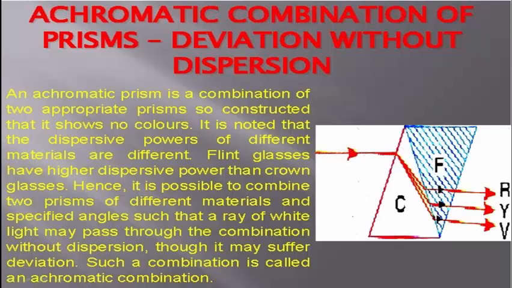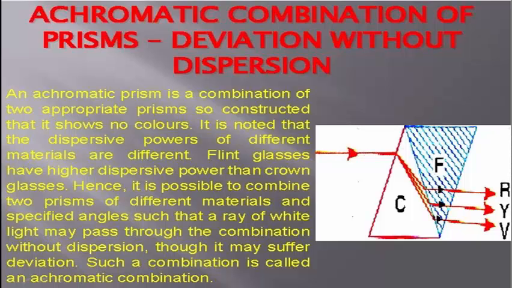Achromatic combination of prism. Deviation without dispersion. An achromatic prism is a combination of two appropriate prisms so constructed that it shows no colors. It is noted that the dispersive power of different materials are different. Flint glasses have higher dispersive power than crown glasses.